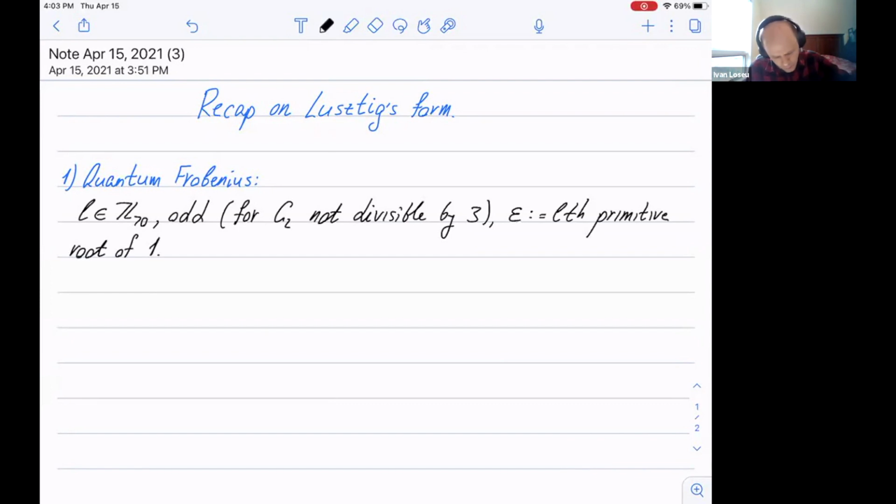And then from here, we can define Lusztig's form. I will denote it by U dot on top. And I want to consider it as an algebra over the complex numbers.